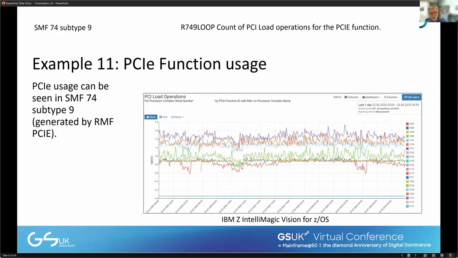What we can also see from RMF is data about the PCIe usage. What we're looking at here is basically operations per second for these function IDs that are defined on a single KEK. So this is again useful internal information, gathered by RMF rather than the HIS task.